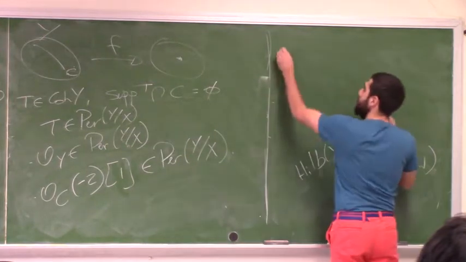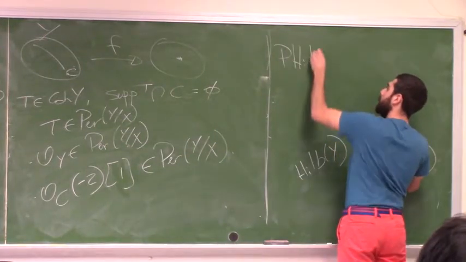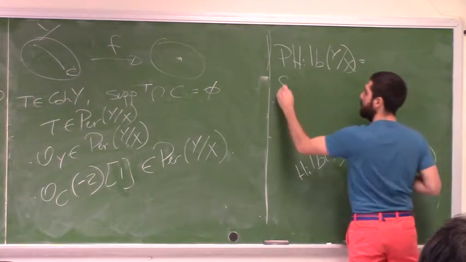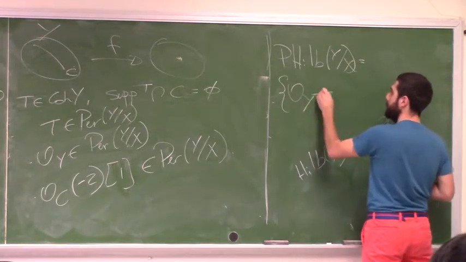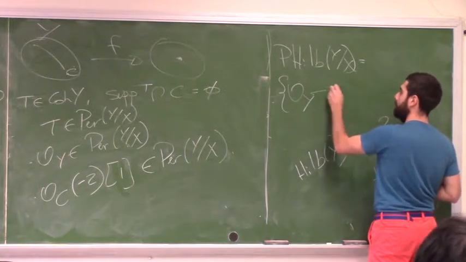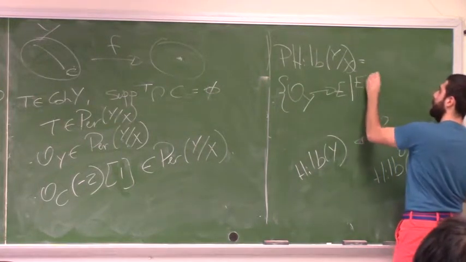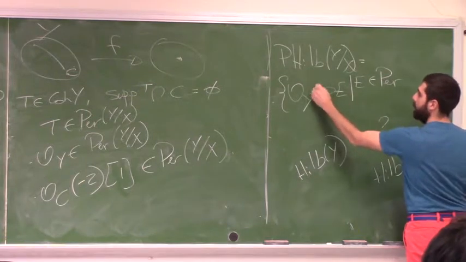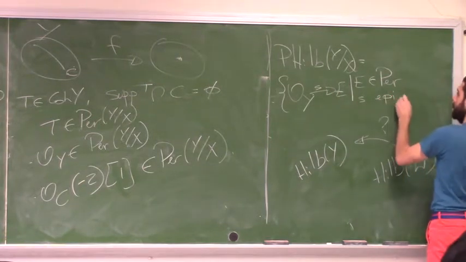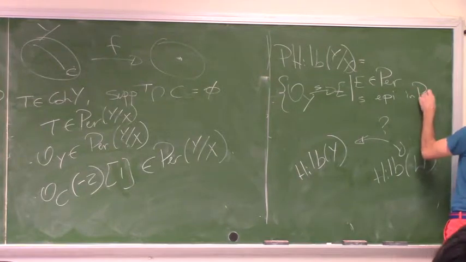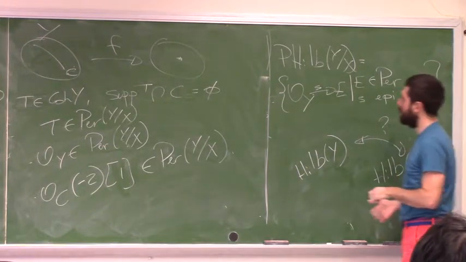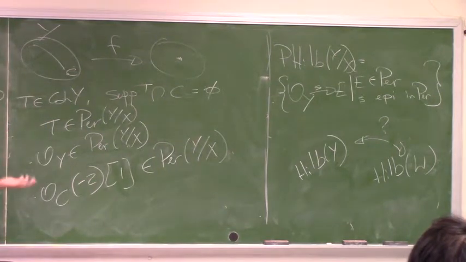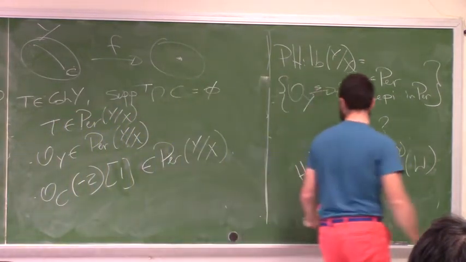So I can consider this moduli space over here, which is a moduli space of maps like this, where E is in this thing, and we'll call this S. S is an epimorphism in this category. So this moduli space makes perfect sense.